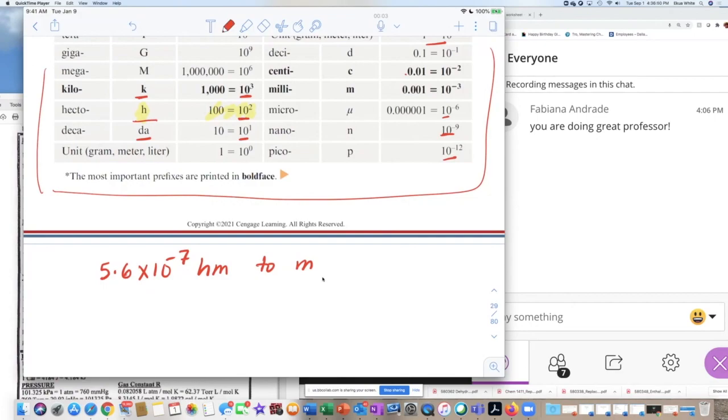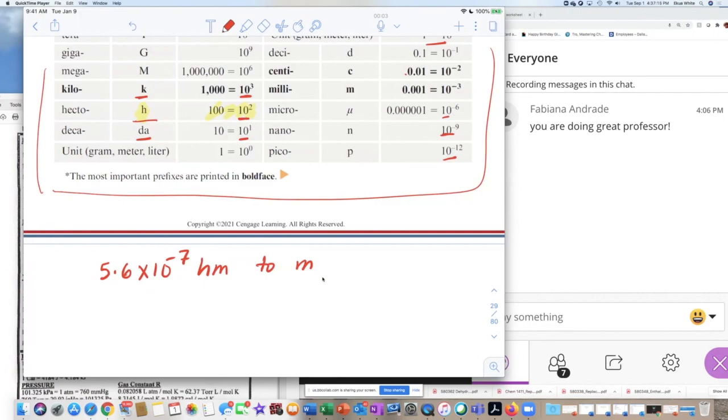Oh, it's raining over there? Oh yeah, it's raining pretty bad. So you're gonna convert it to the base form. But then how do you get from hectometers to meters?